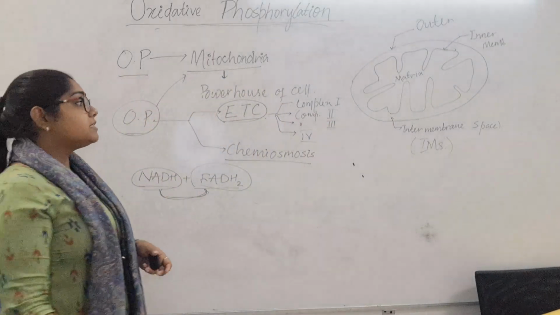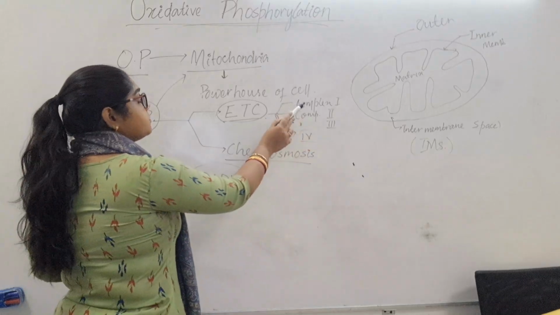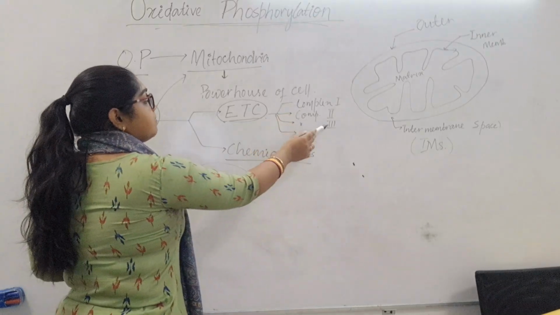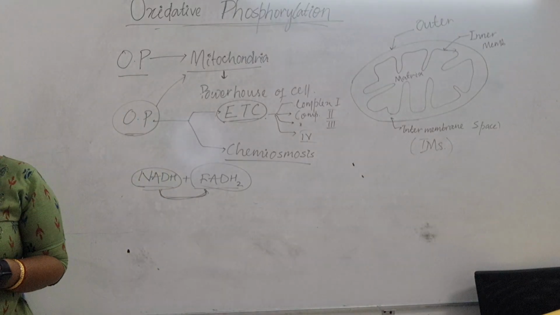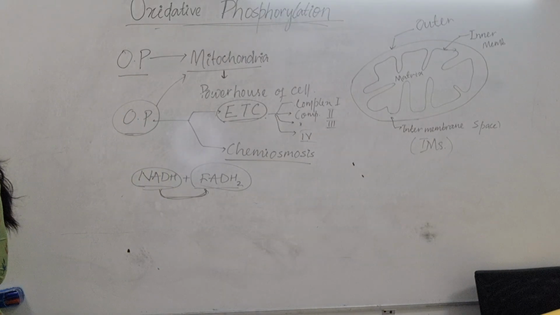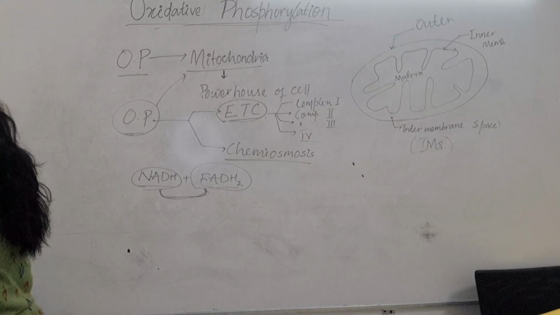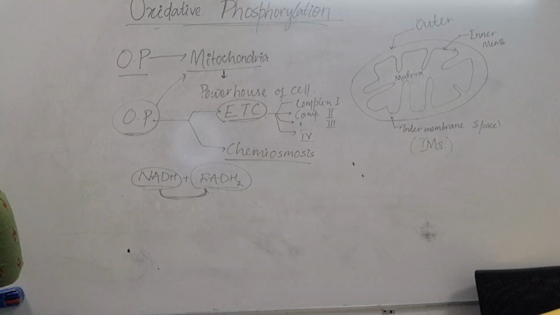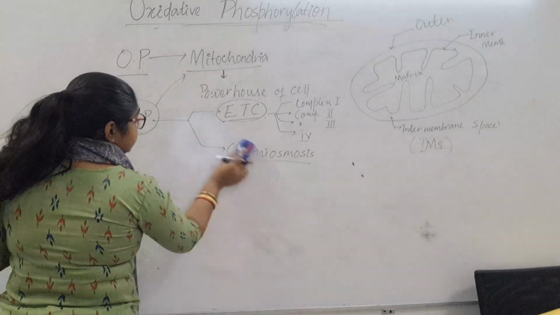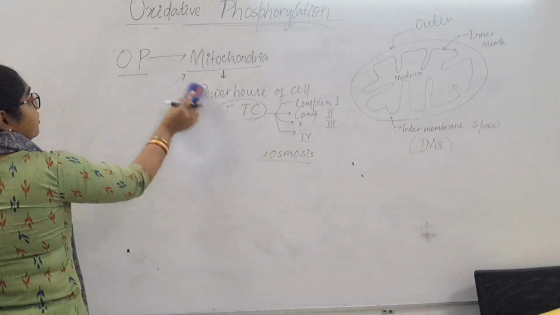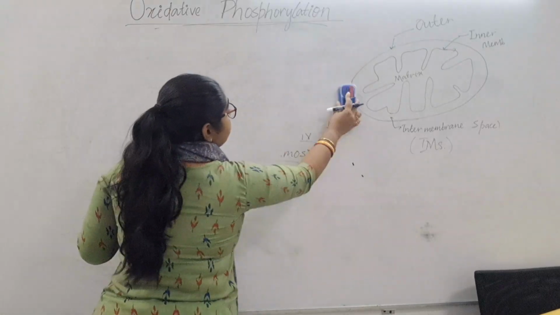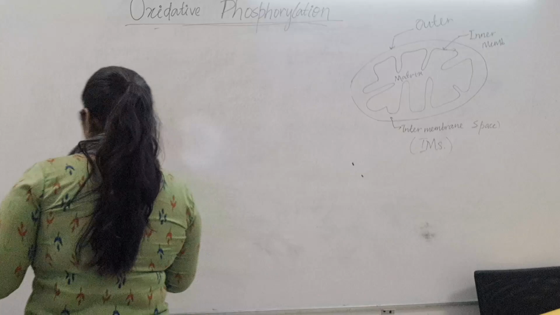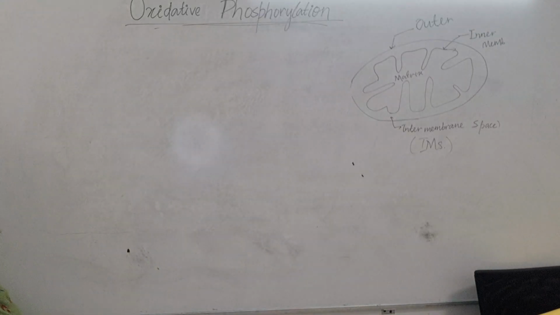So let's begin with complex 1. This electron transport chain takes place in mitochondria, and these complexes are present in the inner membrane of mitochondria. So we'll start with complex 1.